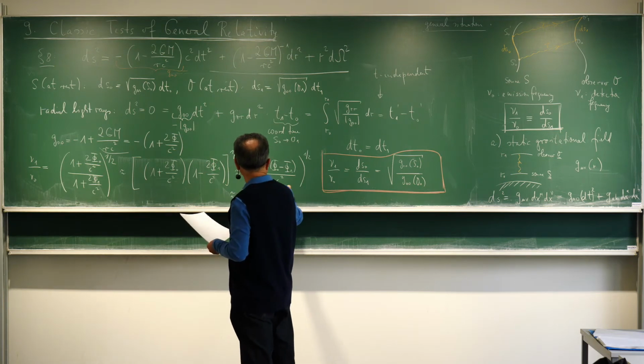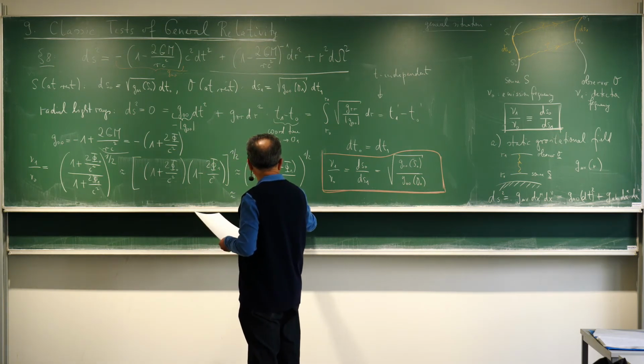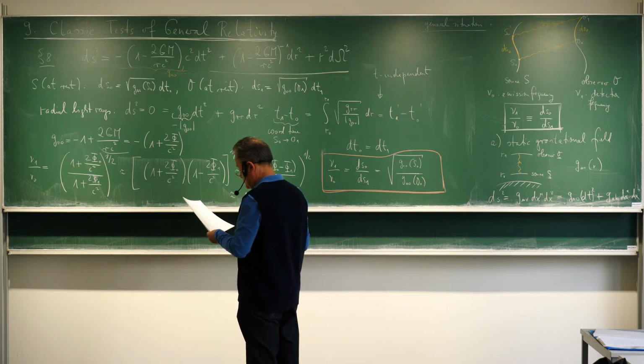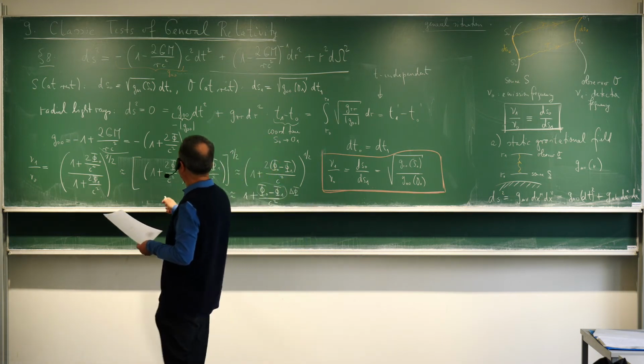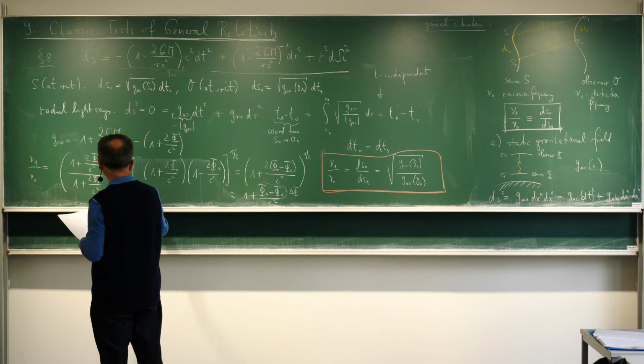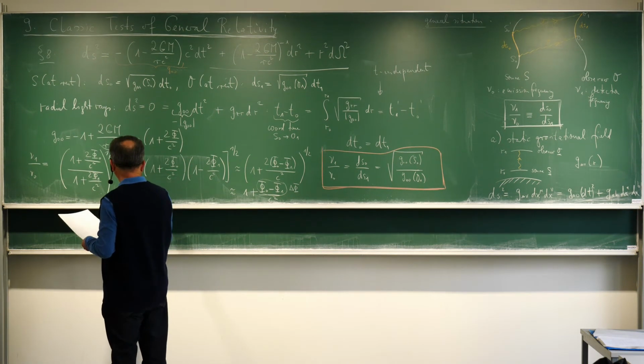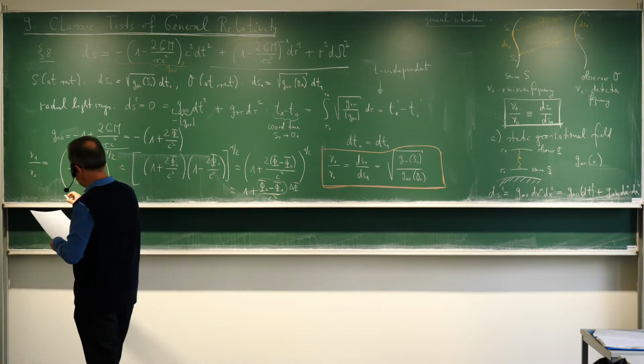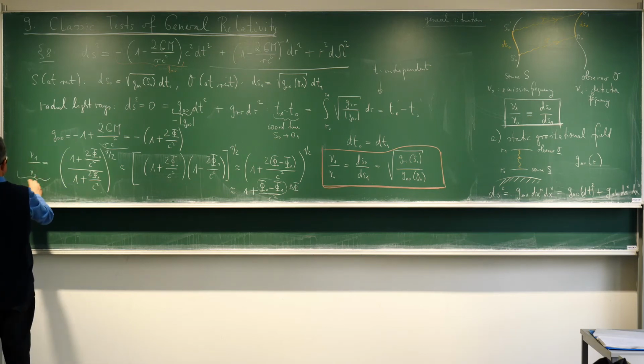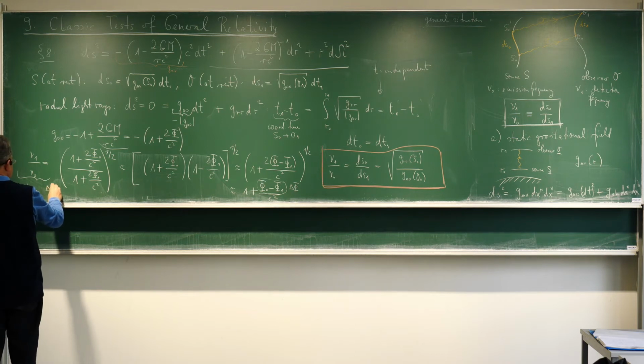So this was our delta phi. And so if you want to have really the same formula, then you get from here that nu1 minus nu0 over nu0 is approximately delta phi over c squared.